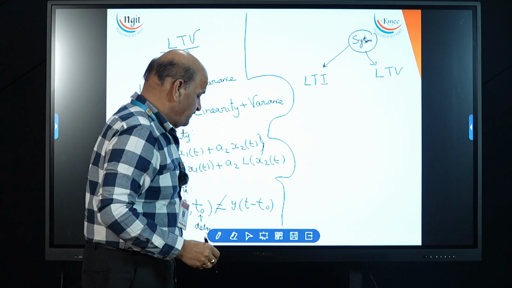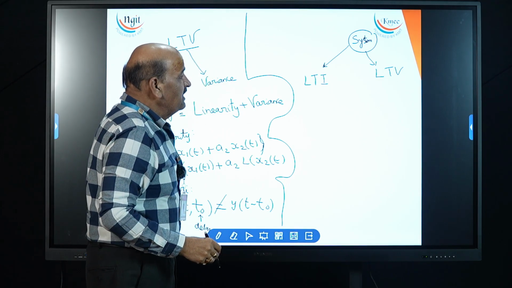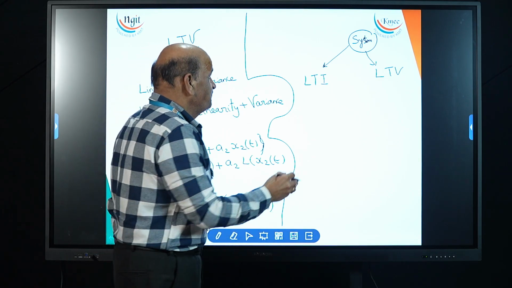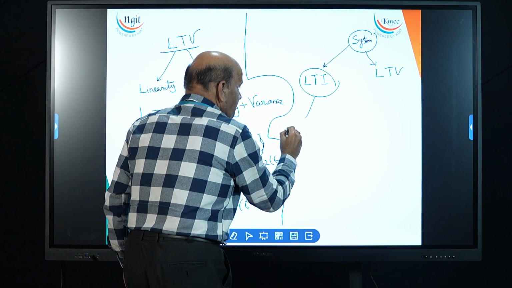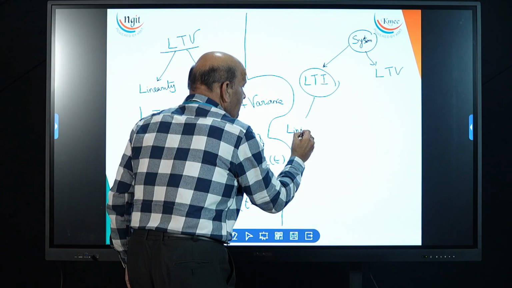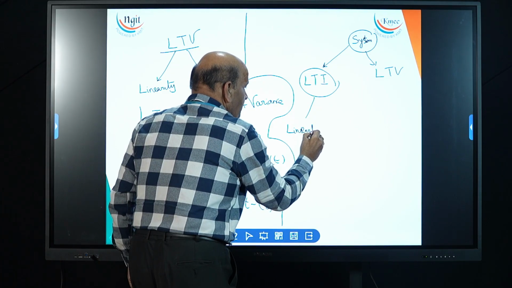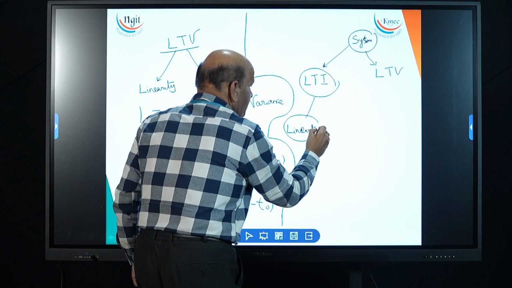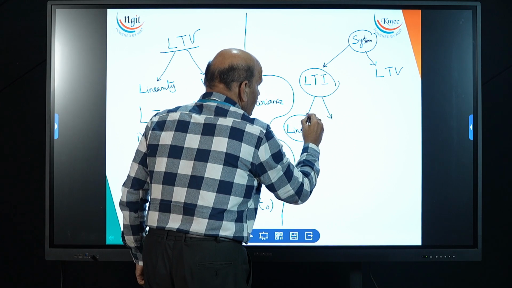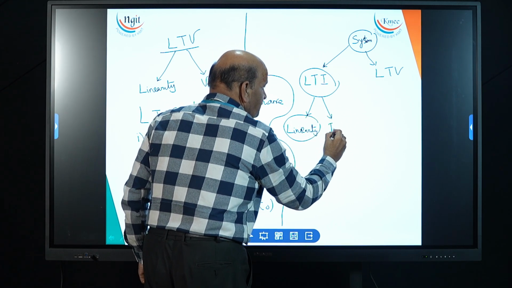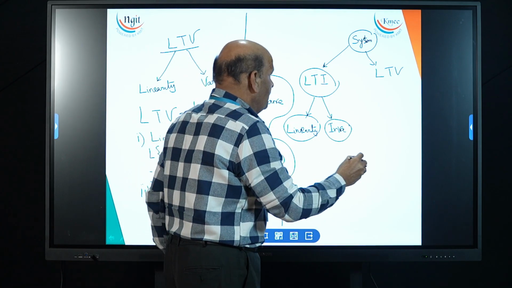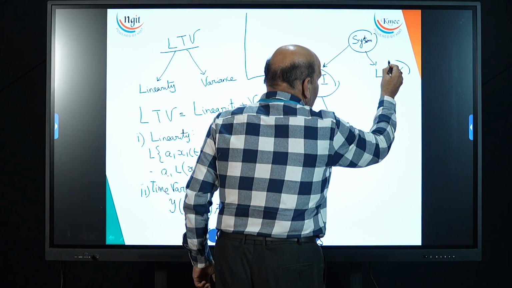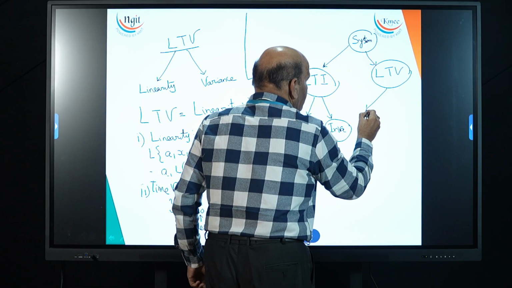Now let us create a binary tree. Look at linear time invariant: this gives the linearity property plus the time invariant property. Now come to this side, linear time variant. What does it give?